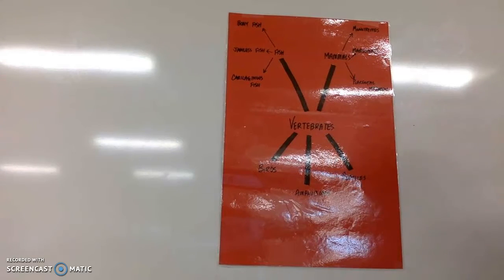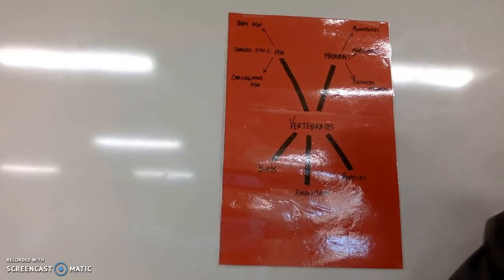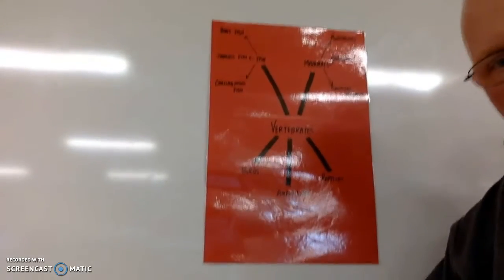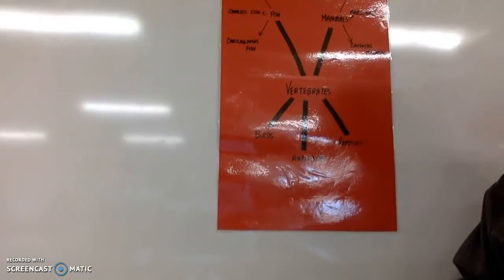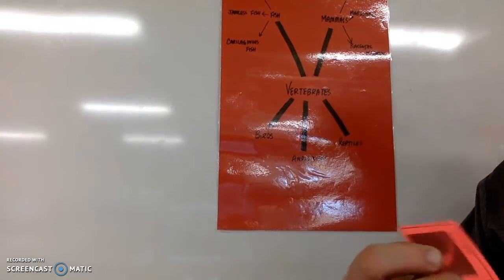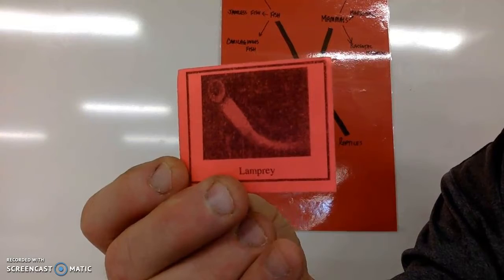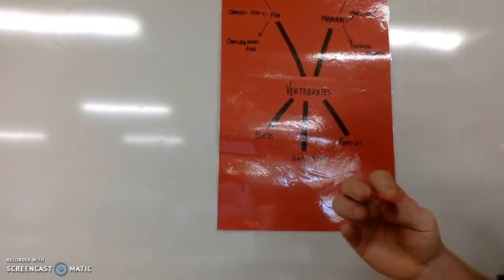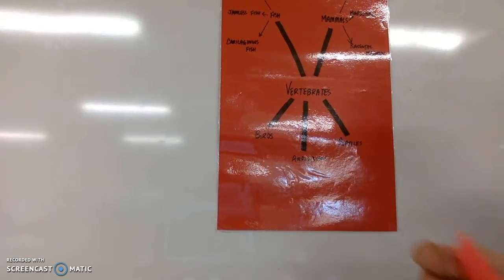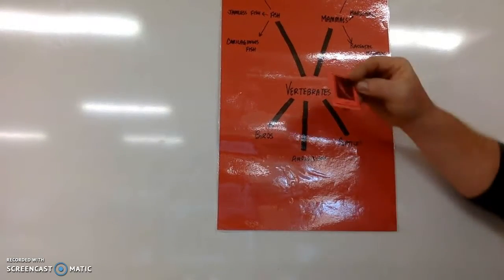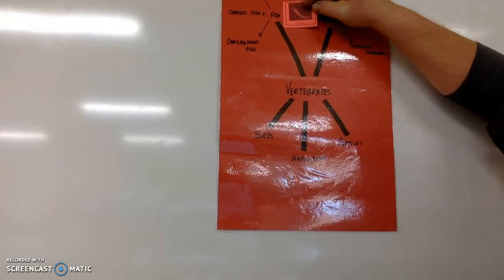A lamprey. If I hold it up to the screen, you can kind of see they have a little circular mouth that is designed to clamp on to something and suck the nutrients out of other fish.